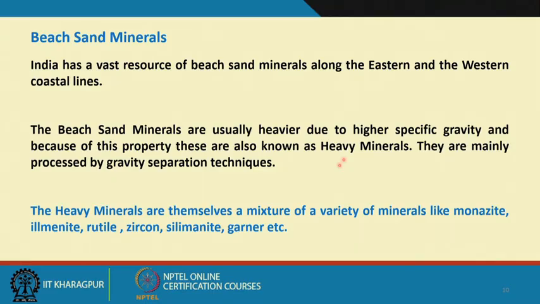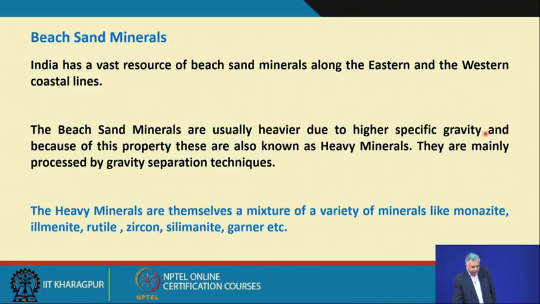India has a vast resource of beach sand minerals along the eastern and the western coastal lines. The beach sand minerals are usually heavier due to higher specific gravity, and because of this property these are also known as heavy minerals. They are mainly processed by gravity separation techniques. I will explain what they are.